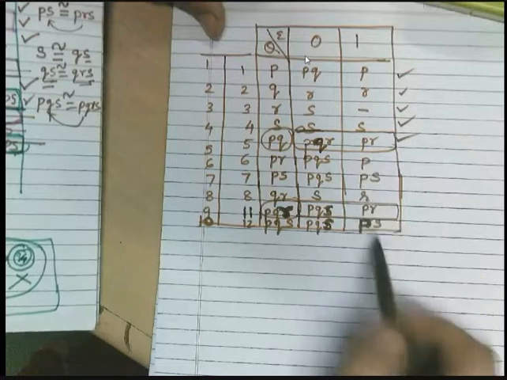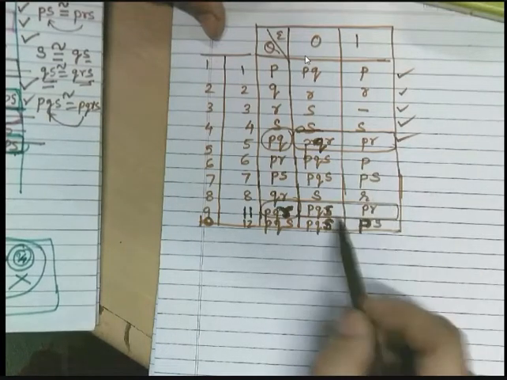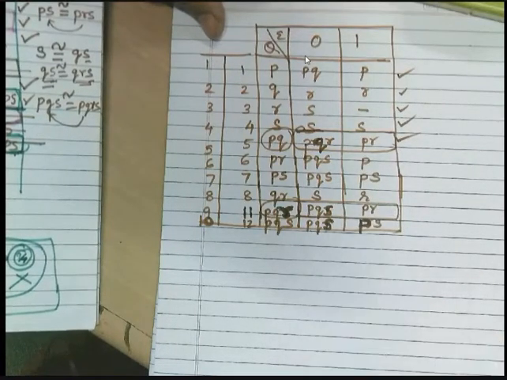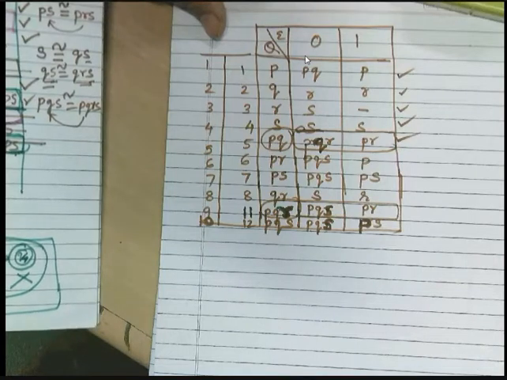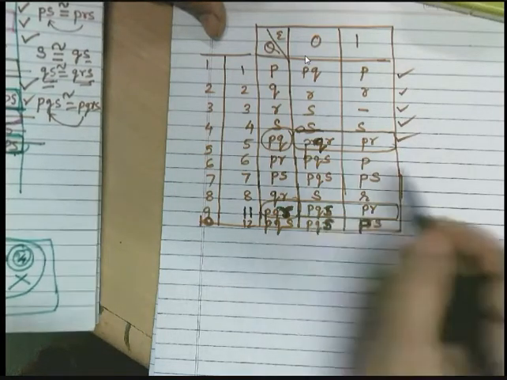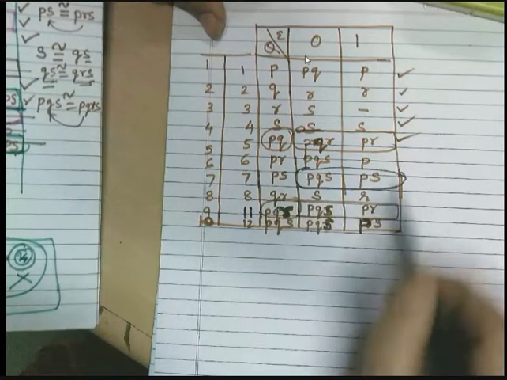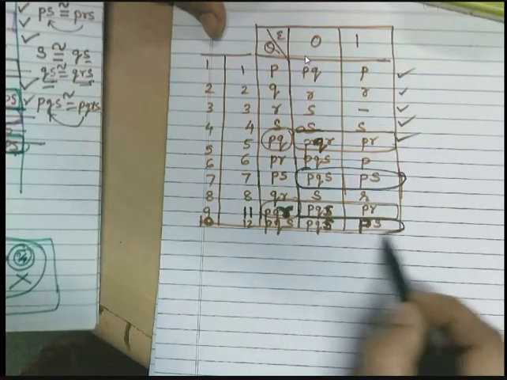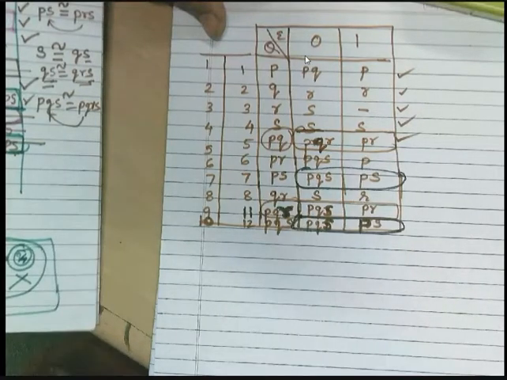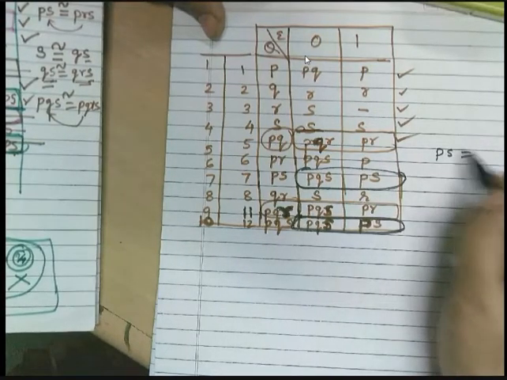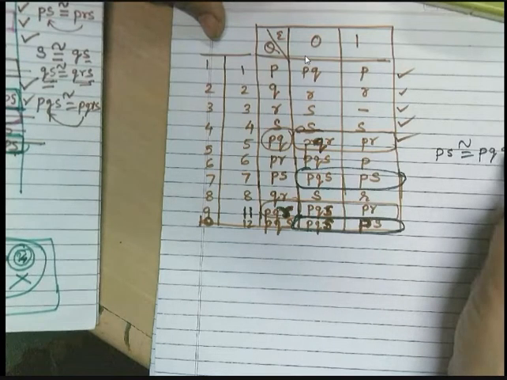PQS, P is not there, PQS, PS. So PQS, PS is there. So it is equivalent to this. Okay. So PS is equivalent to PQS.